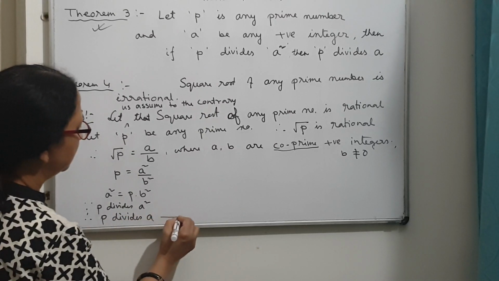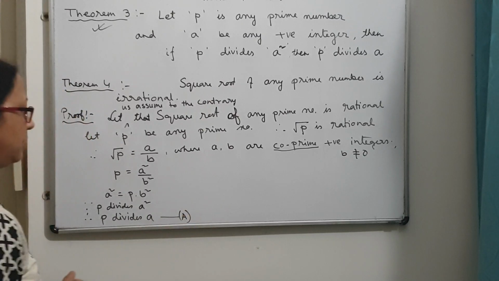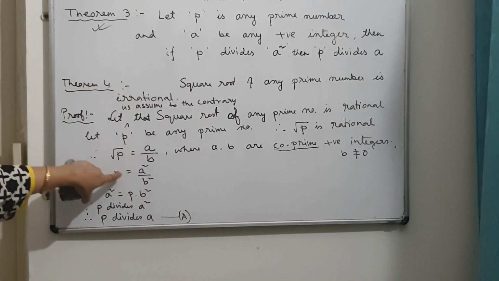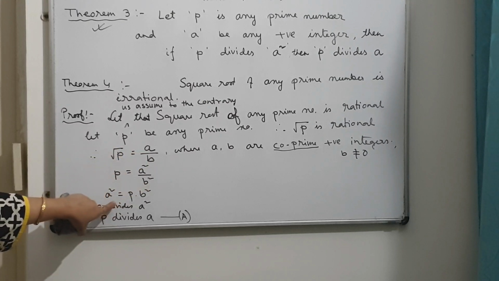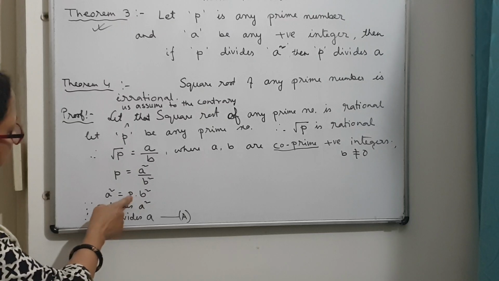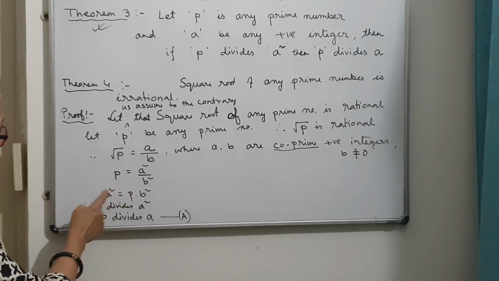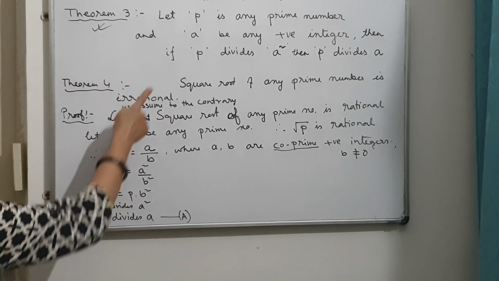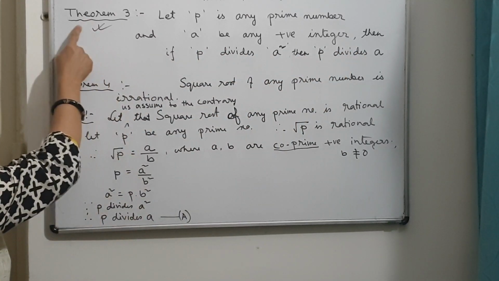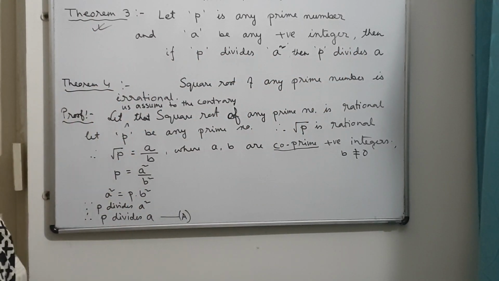This is our statement 1. It's simple: I have squared the thing, cross multiplied, and by observation I see that p is a factor of a square, therefore by this theorem, p divides a. So this theorem is used here.